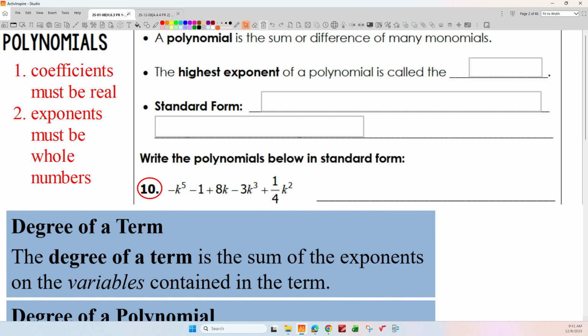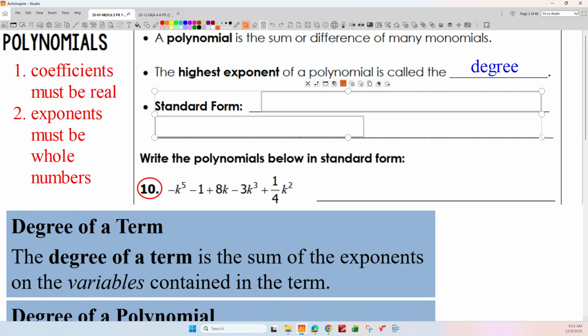Okay, so what else? How do we describe polynomials? Well, the highest exponent of a polynomial determines the degree of the polynomial. So if we talked about a fourth degree polynomial, then that would just mean that the highest power of x, if x is our variable, would be x to the fourth. What is standard form for a polynomial?